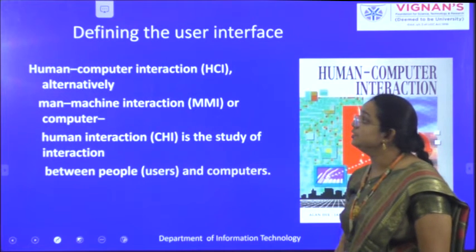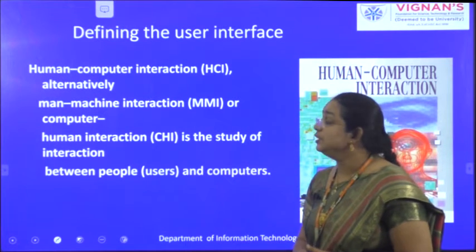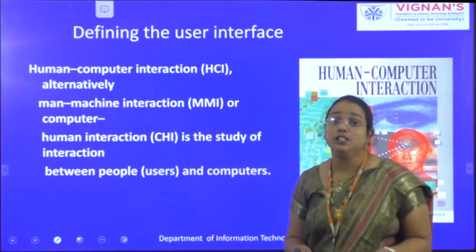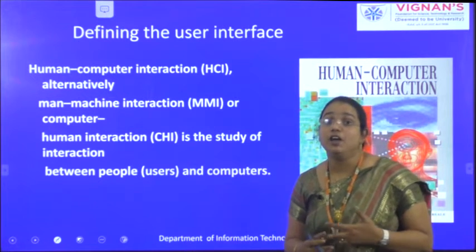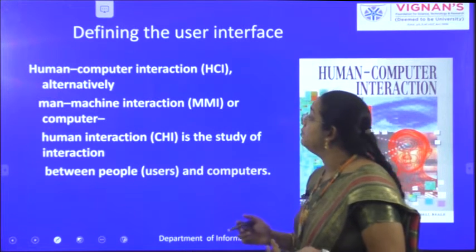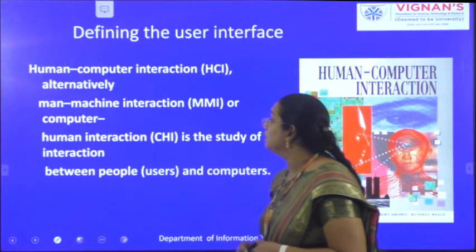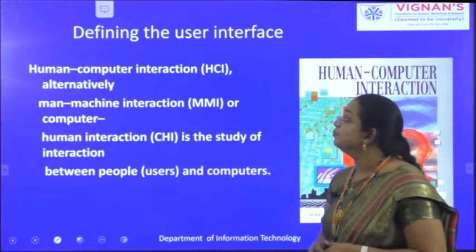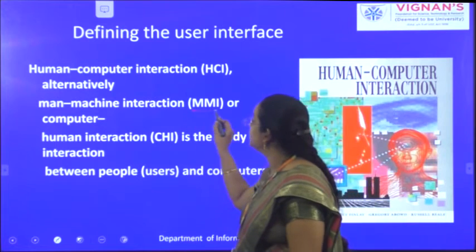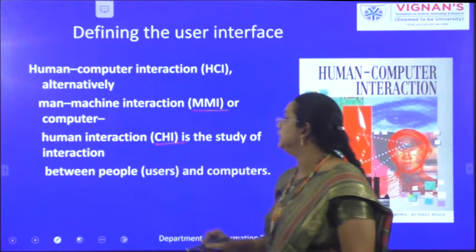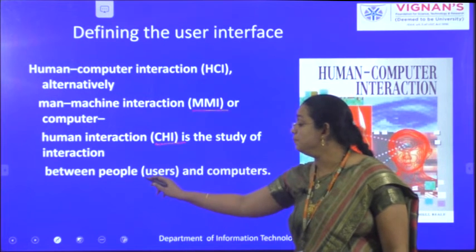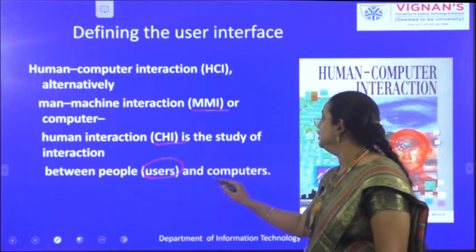Defining the user interface. What is a user interface? Human-computer interaction is alternatively called man-machine interaction or computer-human interaction. These are the different names for human-computer interaction. It is the study of interaction between people, that is, the users of the computer, and the computers.